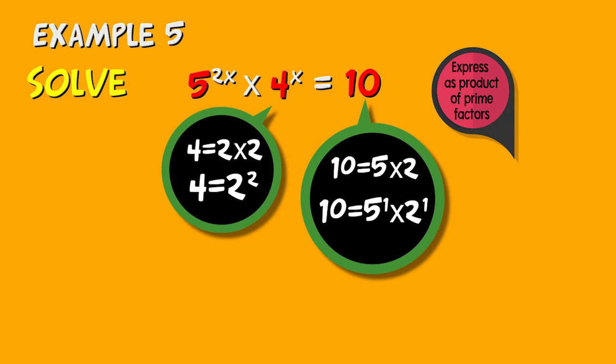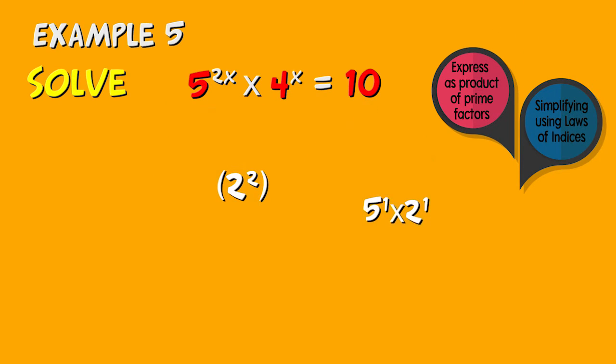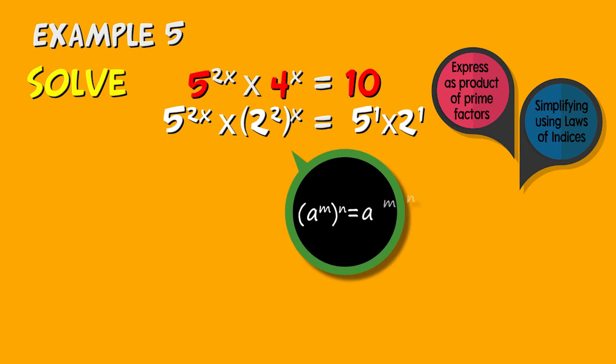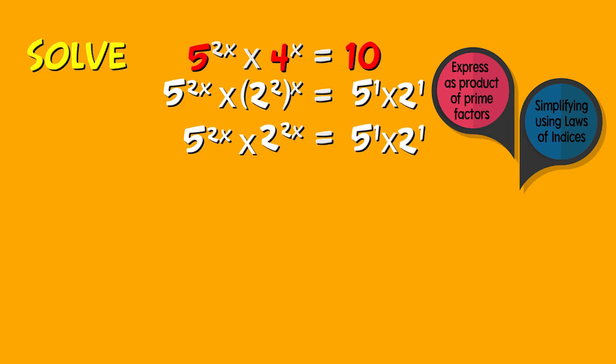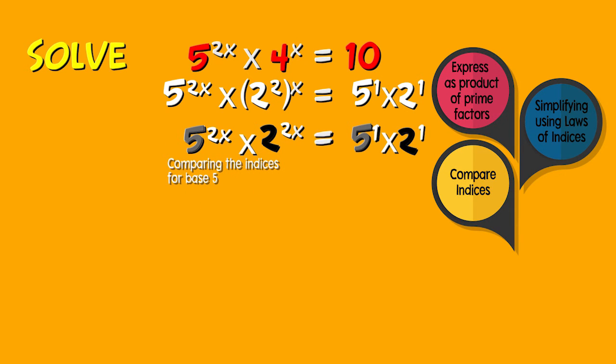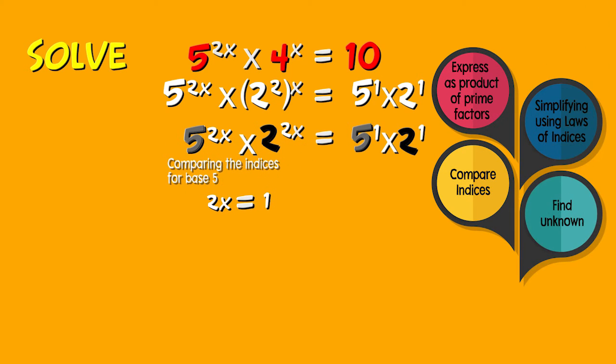Replacing 4 with 2 squared and 10 with 5 to the power of 1 times 2 to the power of 1, we will have this. Applying this law of indices will give us this. Can you see that we have bases 5 and 2 on both sides? First, we compare the indices for base 5 to get 2x equals 1.